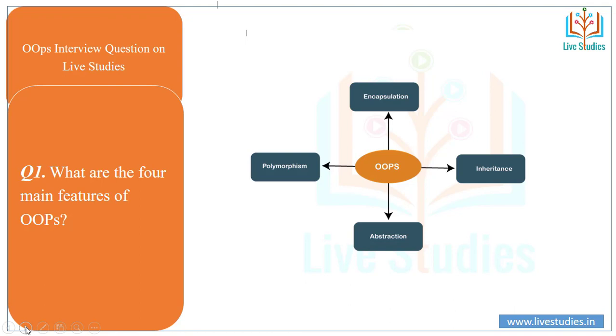So the question is how to achieve abstraction. We can achieve abstraction through the interface and abstract class. As a real-time example, bank ATM, a car. Through the bank ATM GUI screen, the bank highlights the set of services they are offering without highlighting internal implementation.